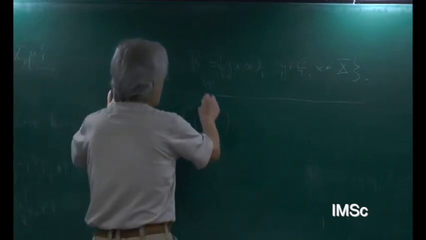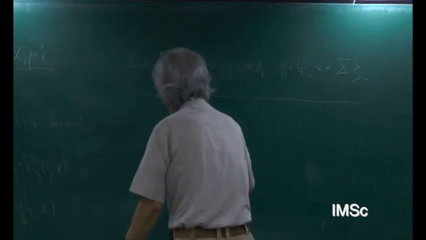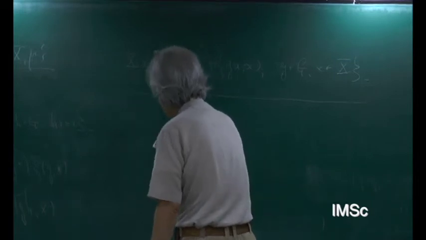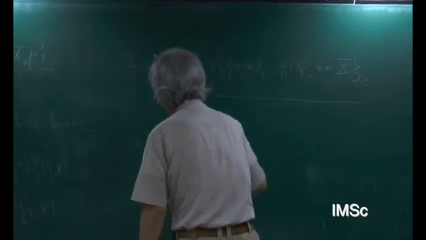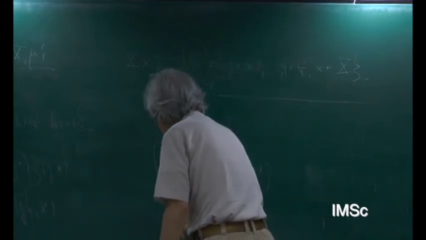So your Hilbert space is L2 of G over x, a direct integral relative to d mu of x. This is the Hilbert space on which the group measure space cross product is acting.